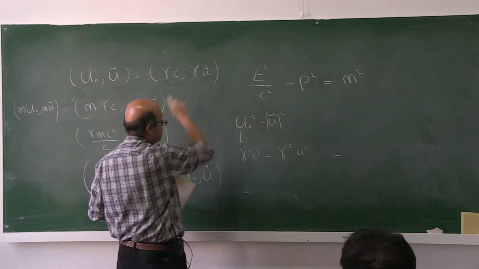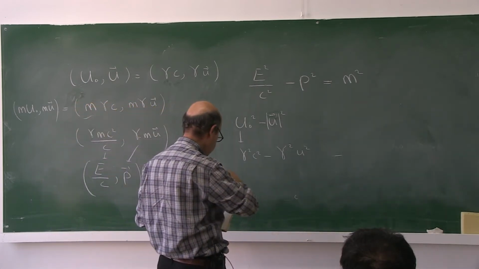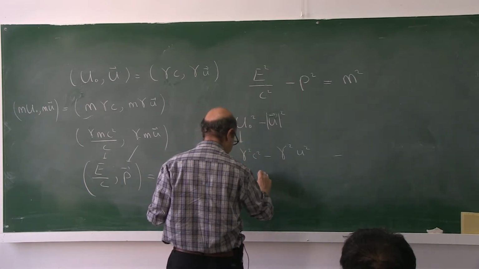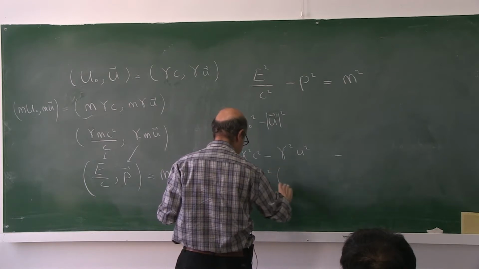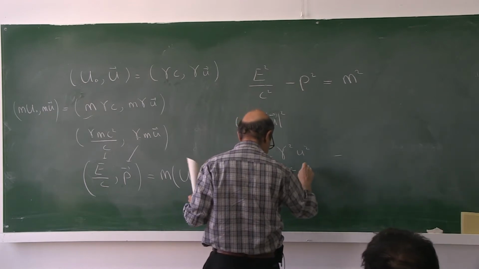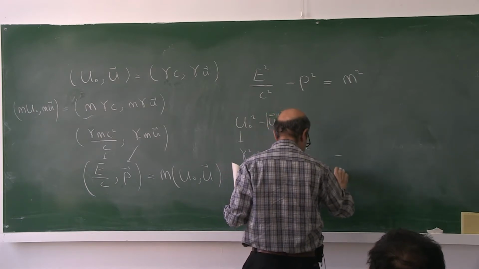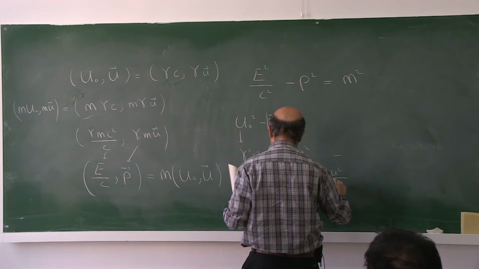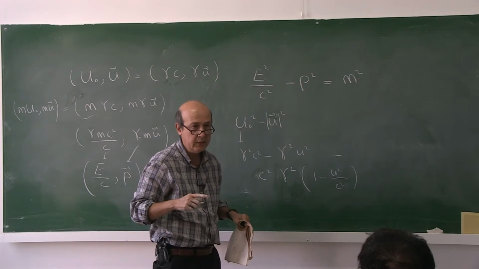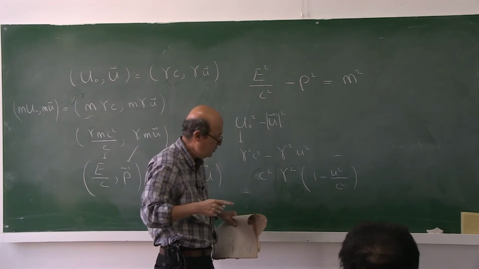Take the magnitude of the space part of the vector. If you take the C square gamma square in parentheses, maybe you already see the definition, that will be 1 minus U square over C square.